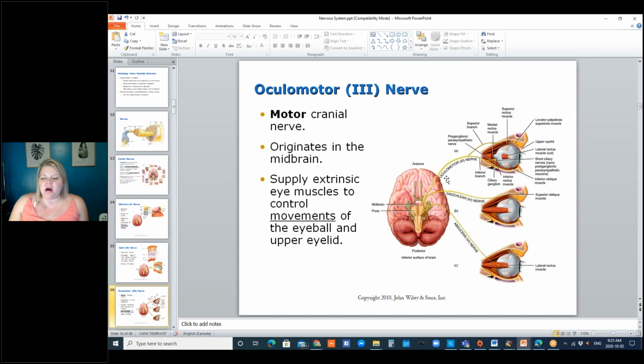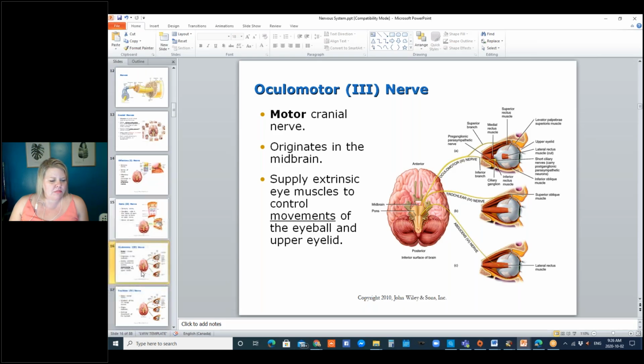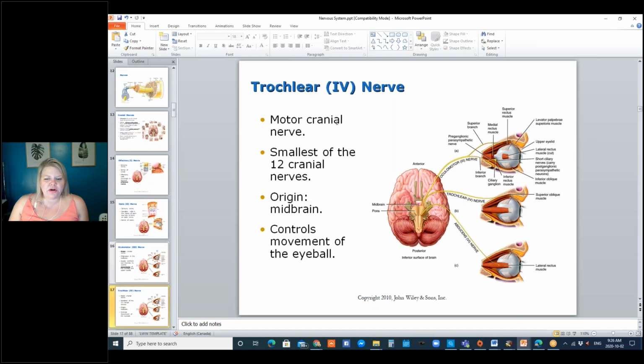So you're going to have the oculomotor nerve, which is cranial nerve number 3, the trochlear nerve, which is cranial nerve number 4, and the abducens nerve, which is cranial nerve number 6. Remembering 3, 4, and 6 move the eyeballs. That's important. I mean, it could be important. I can't say for sure, but remember that those are the nerves that move the eyeball and are motor nerves. Trochlear nerve, we just discussed it, also a movement of the eyeball.